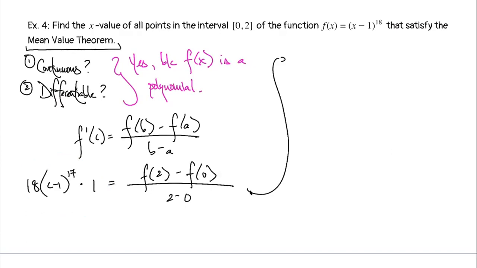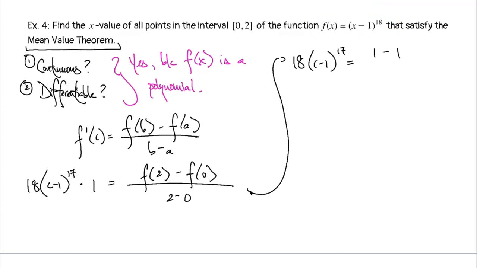All right, we get 18 (c minus 1) to the 17th equals, let's see, f of 2, if I plug 2 into here, 2 minus 1 is 1, and 1 to the 18th is 1. For f of 0, 0 minus 1 is negative 1, and negative 1 to the 18th is positive 1.